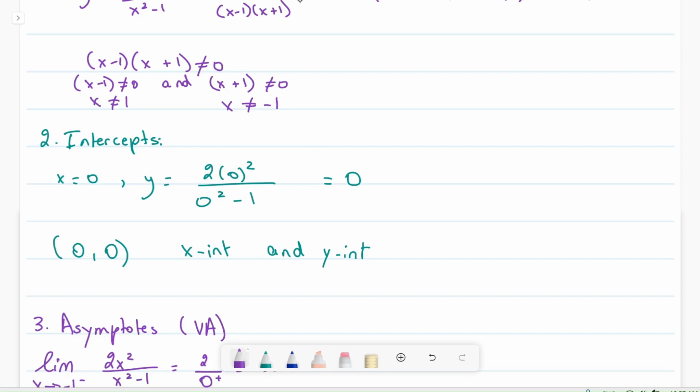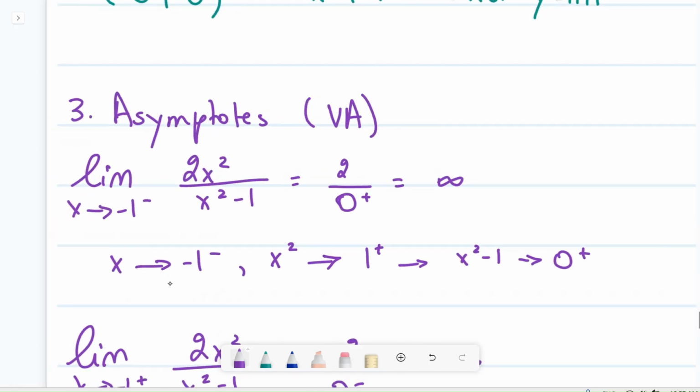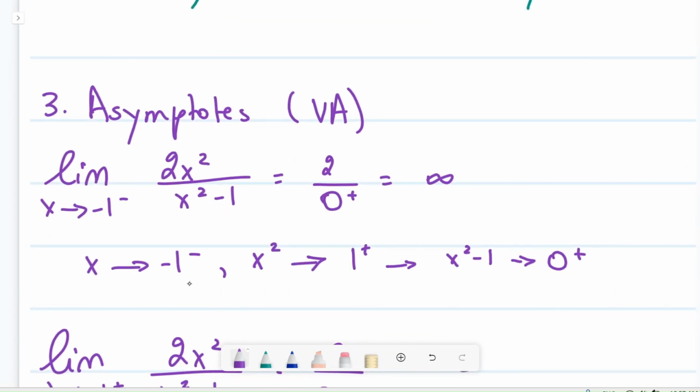And we will now move on to asymptotes. So we will start with vertical asymptotes. Our potential vertical asymptotes are the points that do not belong to our domain, so -1 and 1. So we will check the limits as we approach -1 and 1 from both the left and the right. So let's start as we approach -1 from the left. Keep in mind that as we approach -1 from the left, this is as if you have a value that's maybe like -1.0000001.